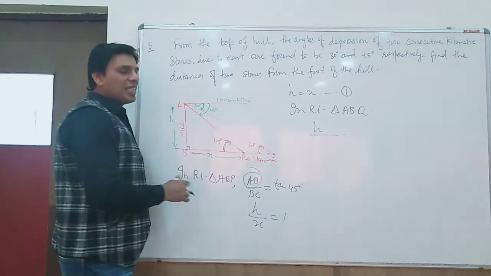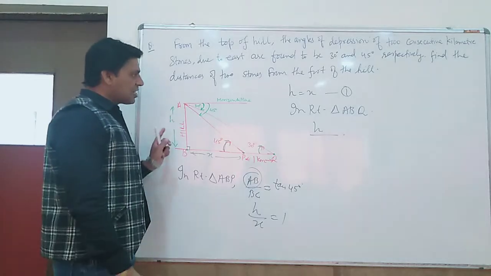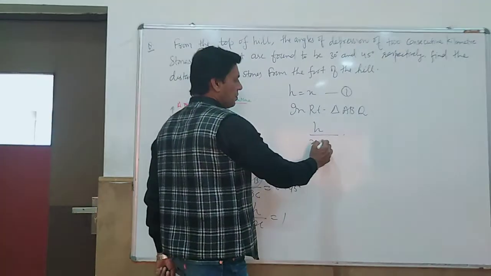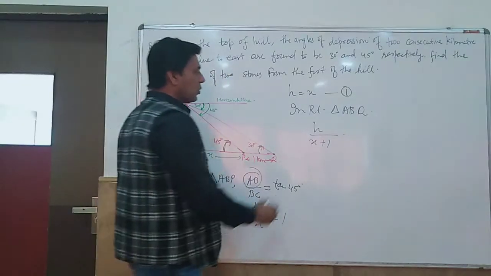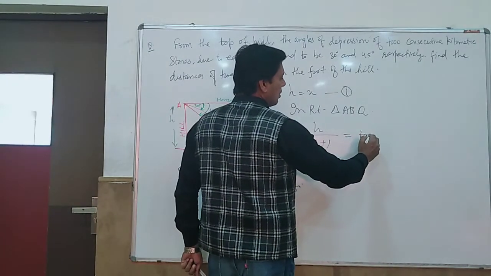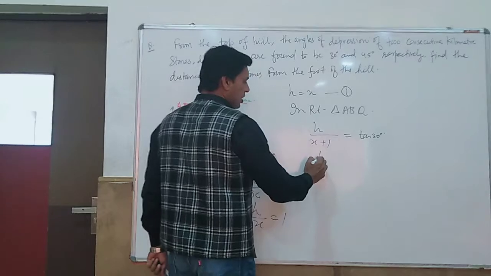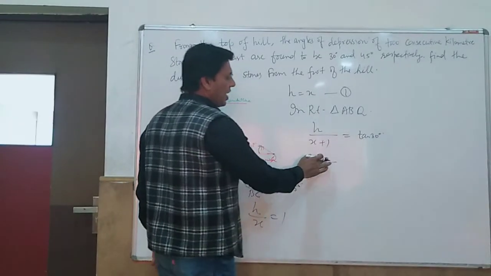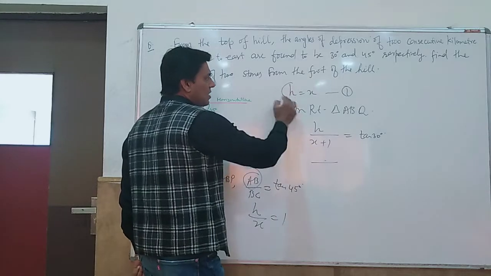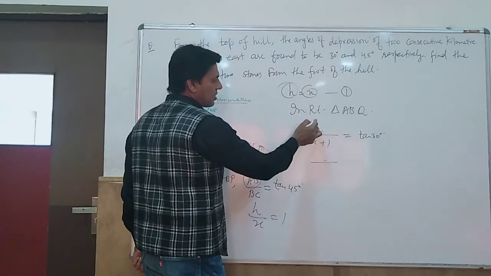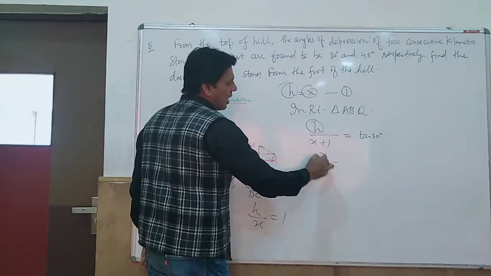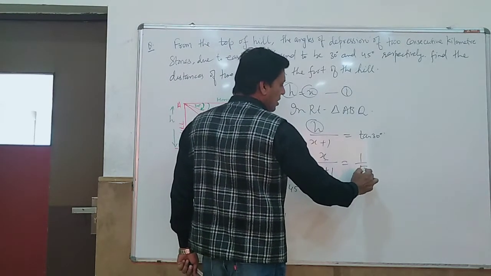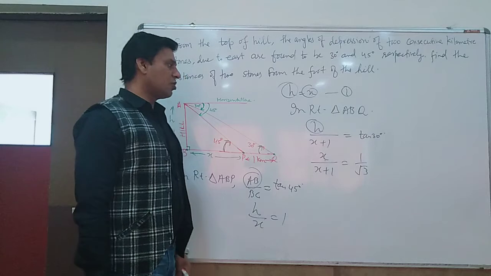I am assuming that X is in kilometers, and H is also in kilometers. So H upon X plus 1 is equal to tan 30 degrees. Because we finally have to calculate X, in place of H we can write X. So X upon X plus 1, and tan 30 degrees is 1 upon root 3.